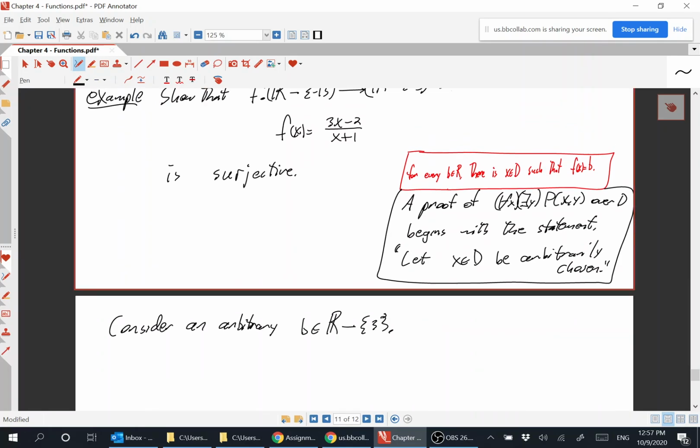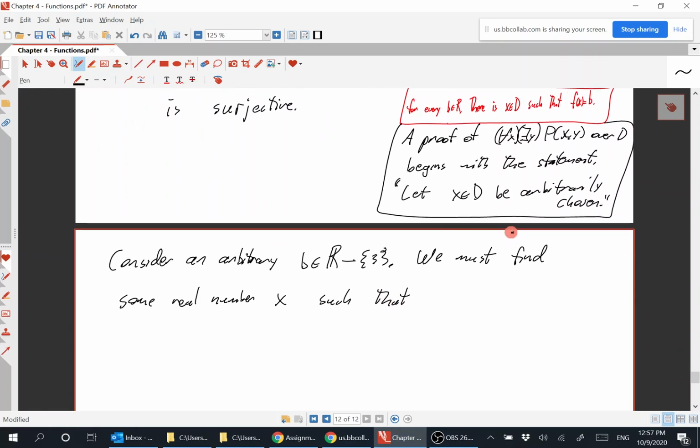What do we need for b? We must find some real number x such that what?